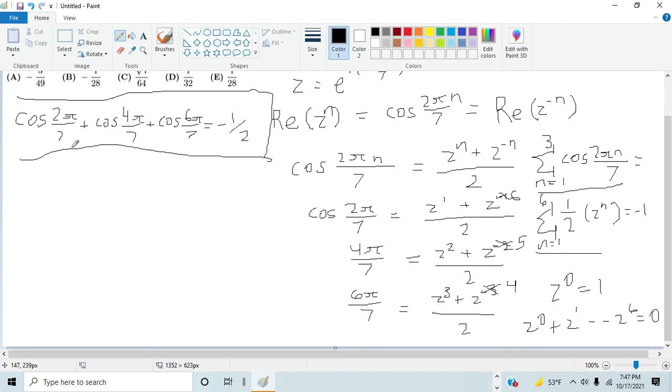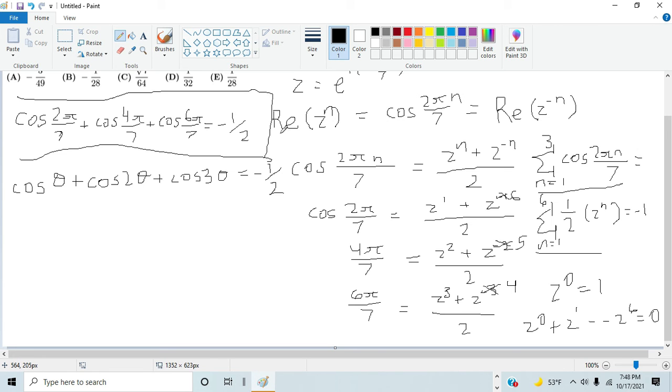So basically from here, we can just recognize that this equation is of the form of cos of theta plus cos of 2 theta plus cos of 3 theta, and then we set that equal to negative 1/2.